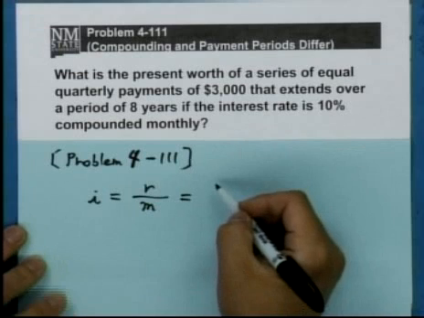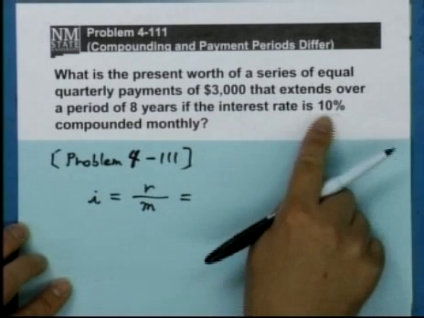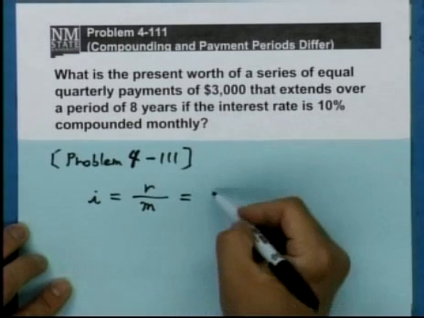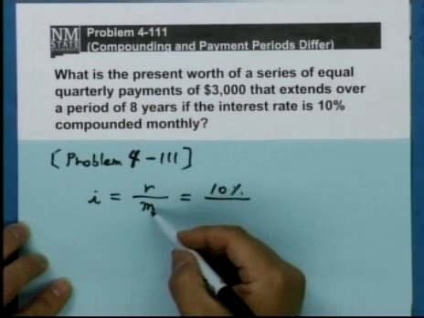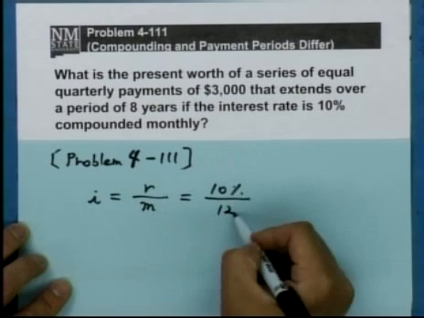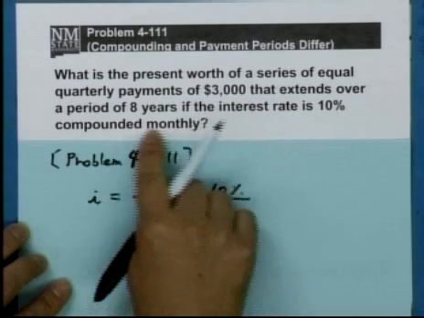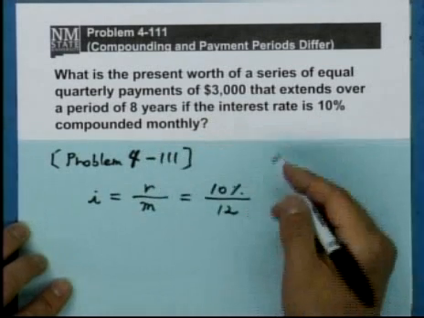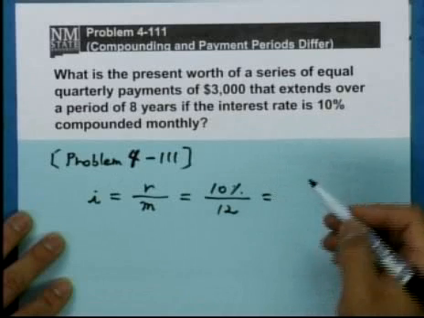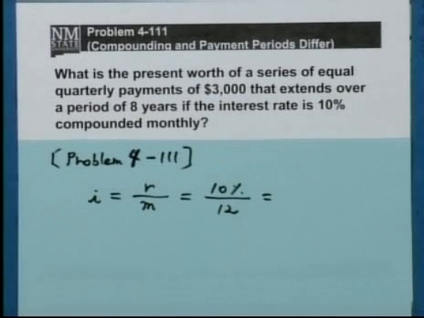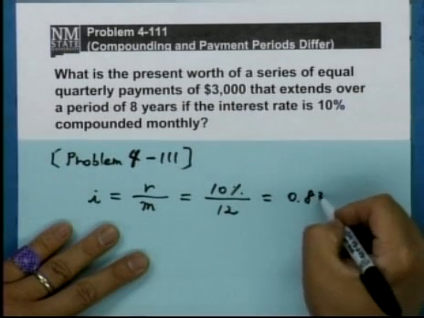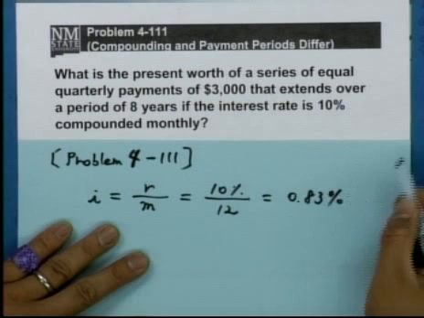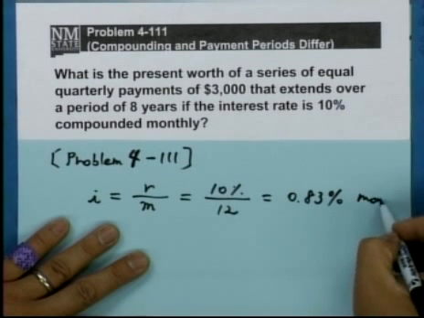Then what is r? r is given as 10%. And m is 12 because there are 12 months in a year, right? So this is going to be 0.83% monthly.